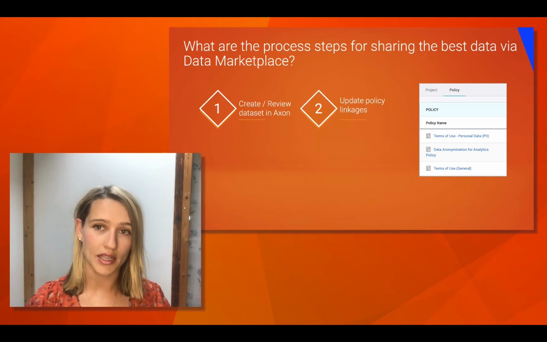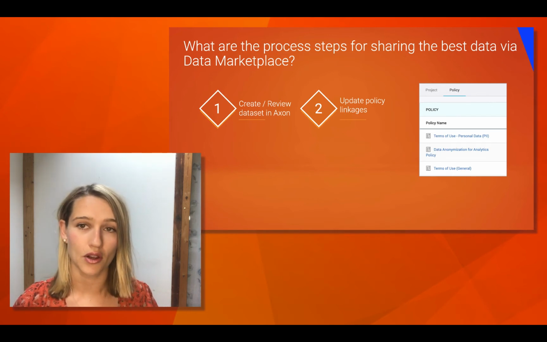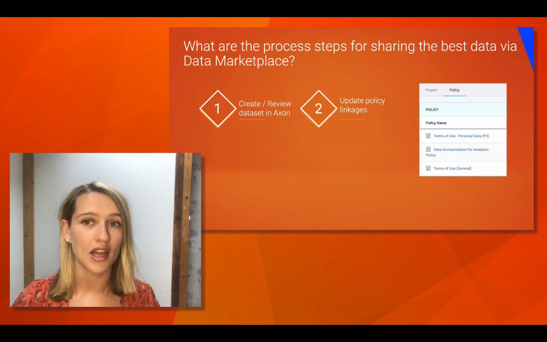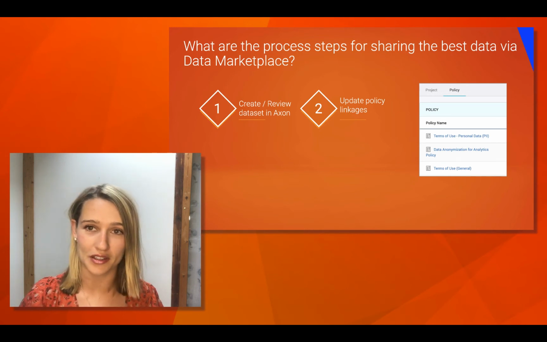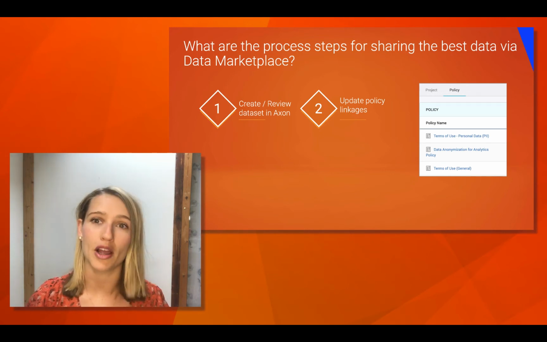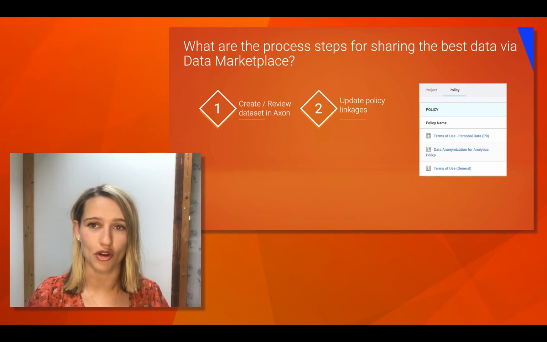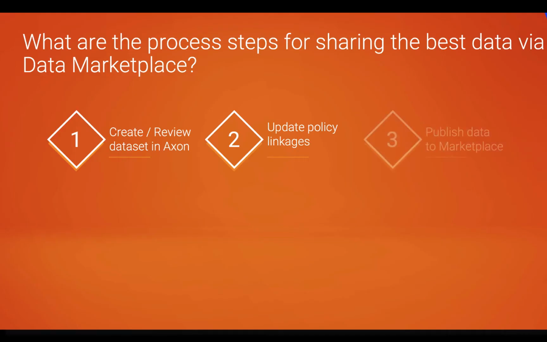It needs to be clear that when any consumer comes along to request access to it, they really understand how they should be using it, and if there are any limitations on the way in which they should treat that data and how they should use it once they receive it. So make sure that your data set is linked up to the right policies, to the right terms of use, so that when the consumer comes through, they are aware of your recommendations and expectations.